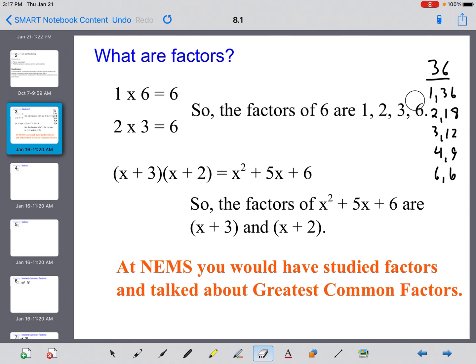If we look at a number like 36, you can see there are a lot of what I call pairs of factors. You've got 1 times 36, 2 times 18, 3 times 12, 4 times 9, 6 times 6. That should begin to come naturally to you as you go through this chapter because we're going to do these kinds of things so much. The pairs of factors of 36 are 1 and 36, 2 and 18, 3 and 12, 4 and 9, 6 and 6.